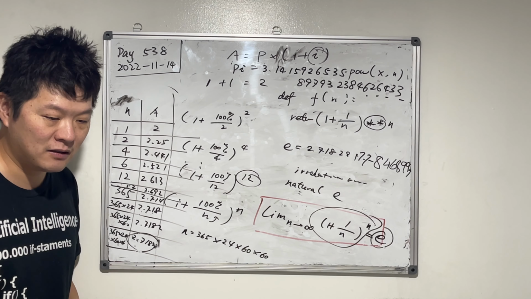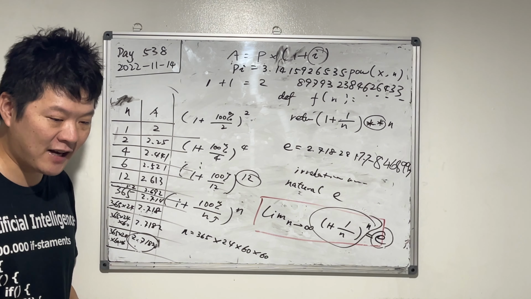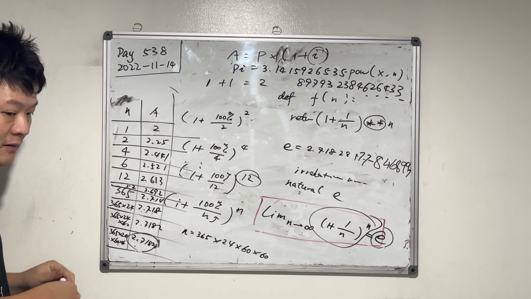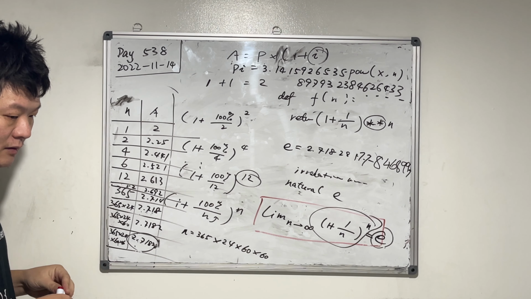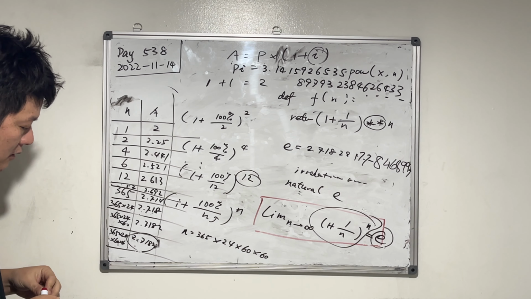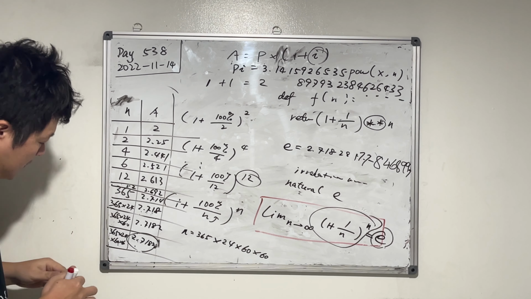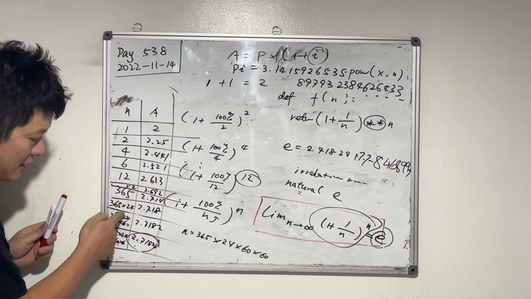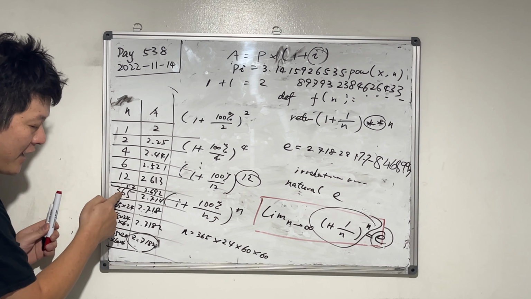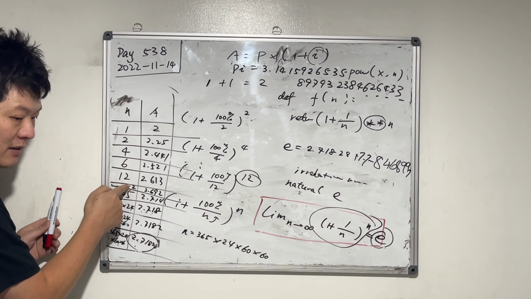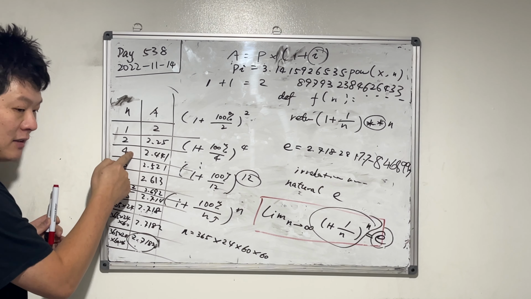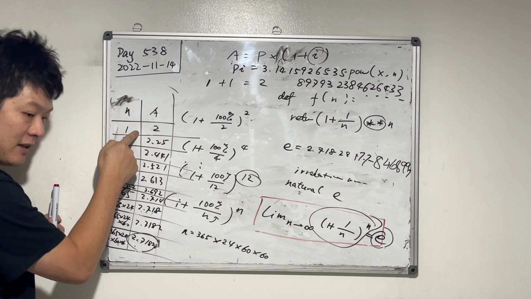Is it better to calculate the interest daily or monthly? n is how often you pay interest. So the one at the bottom is daily. This one is every second, every minute, every hour, every day, every week, every month, every 2 months, every 3 months, every 6 months, every year.